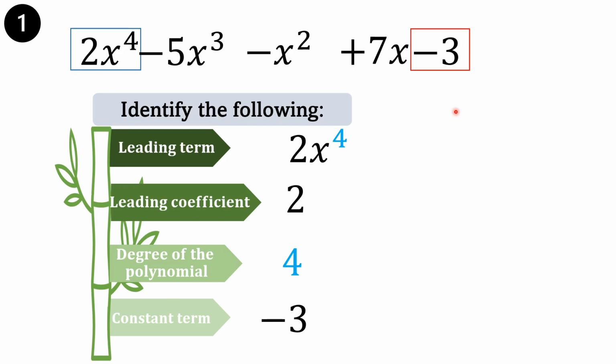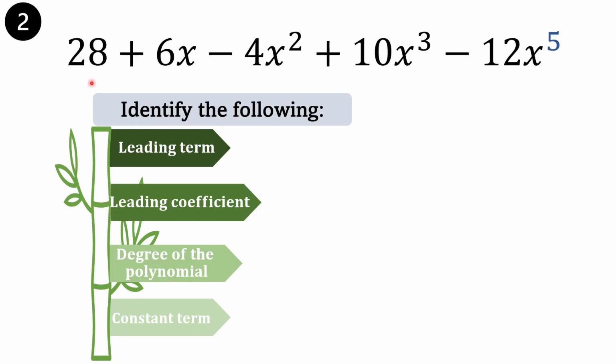Another example. Number 2: 28 plus 6x minus 4x squared plus 10x cubed minus 12x raised to 5. This polynomial is arranged in ascending order, the opposite of the standard form.